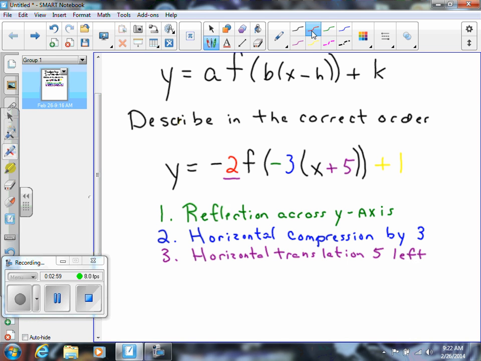So we have a red 2 at the front, and that 2 represents a vertical stretch or compression, depending again on whether it's a fraction or a number greater than 1. If it's a number greater than 1, because this number multiplies the y values, that would be a vertical stretch.